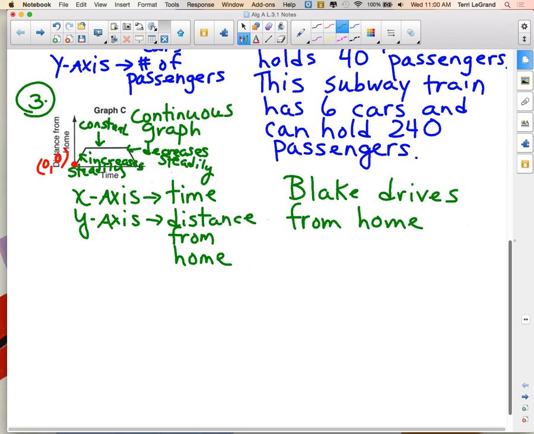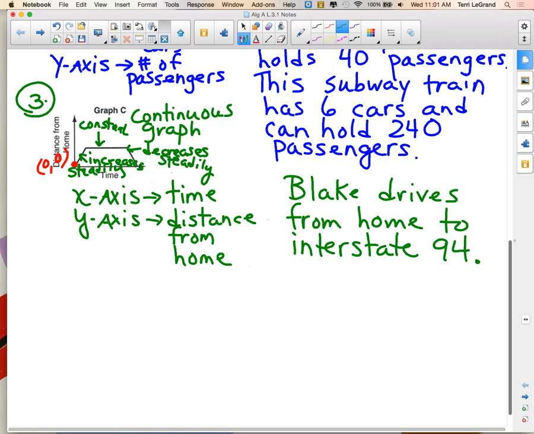When he drives to the interstate, is he getting further away from home? Yes. So Blake drives from home to Interstate 94. That's the first part.